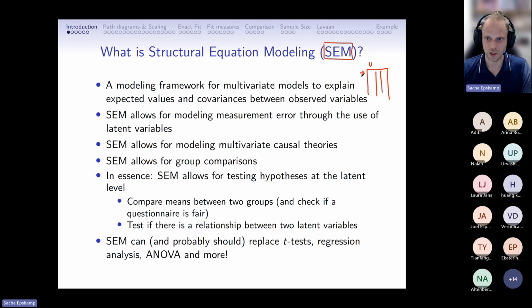And the rows are typically cases, usually for us people, but they could also be time points, or for example, countries or other types of cases, observations that you might have. Structural equation modeling aims to explain why some variables correlate and covary. That's really the main goal behind it.